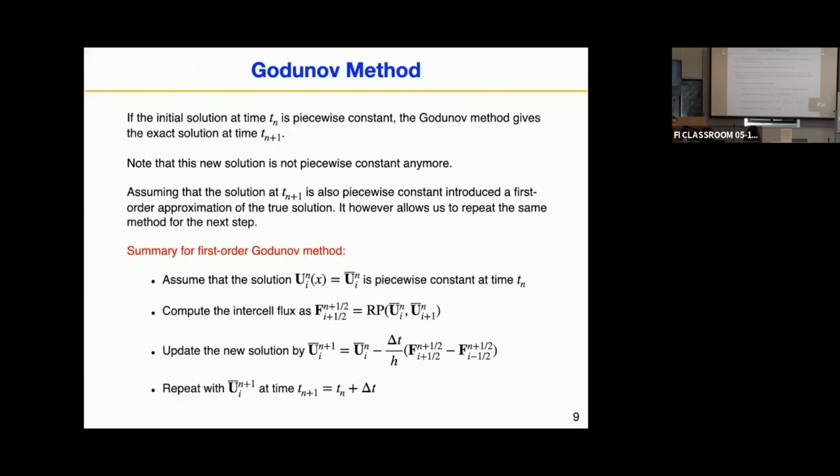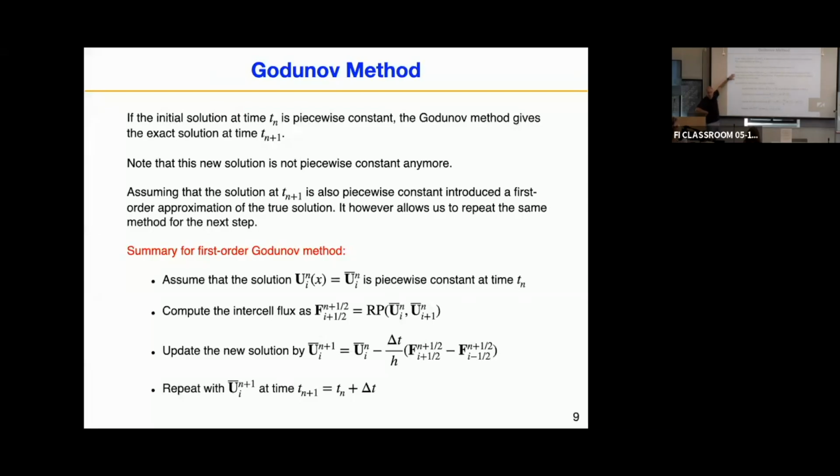And obviously, it depends on the size of the mesh, H. If you have a very fine mesh, your solution will be more accurate. But that's the key point. If you assume that your solution is piecewise constant, you're making an approximation to the truth, which gives you an order of accuracy, which you can show.